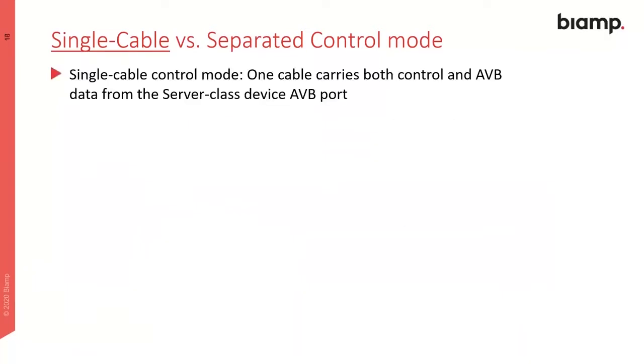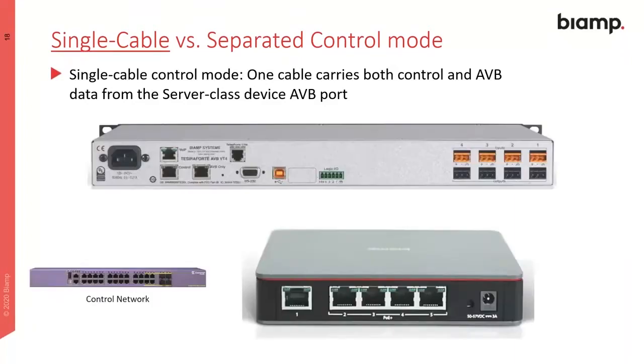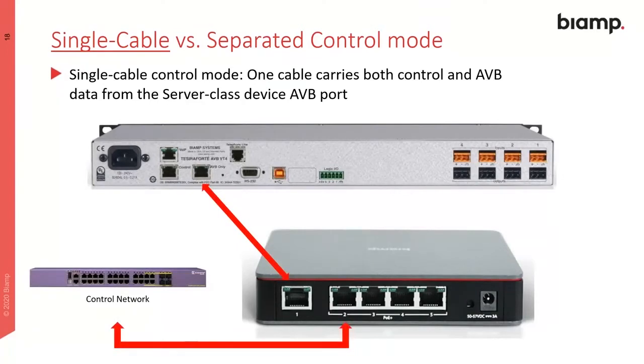However, in single cable mode, you just need to have an AVB connection between the Tesira Forte AVB VT4, and you can just connect directly into the control network through one of the available ports on the TC5D.